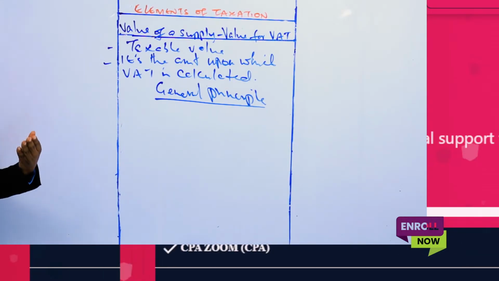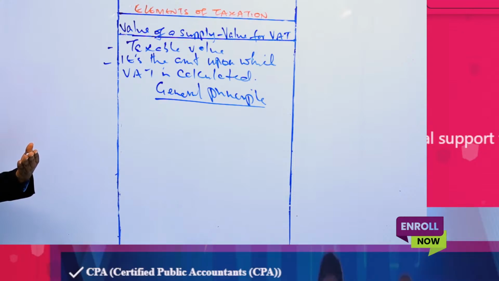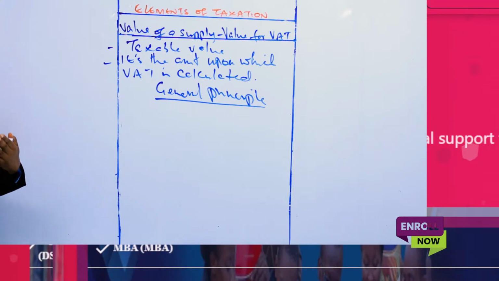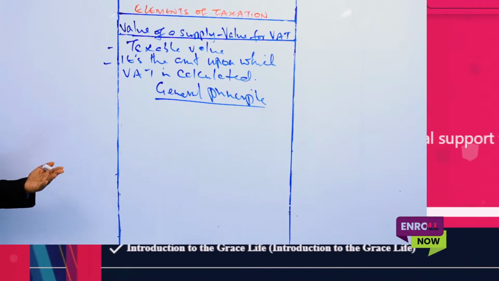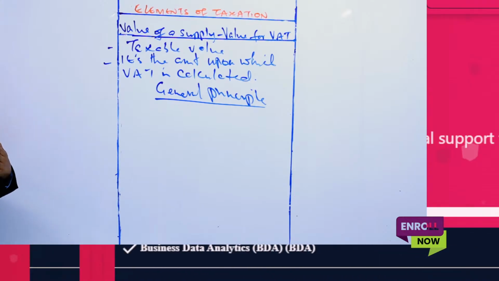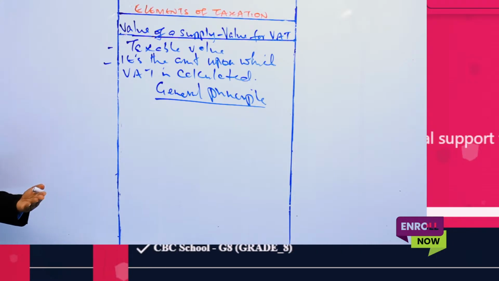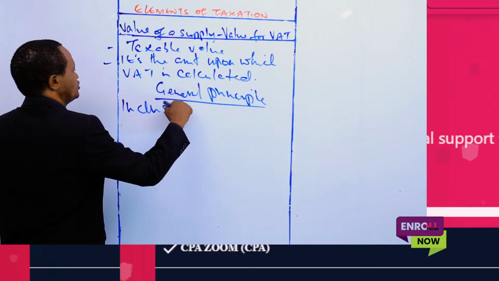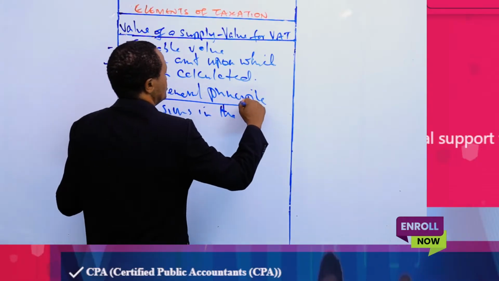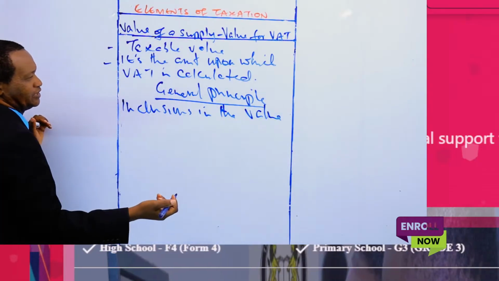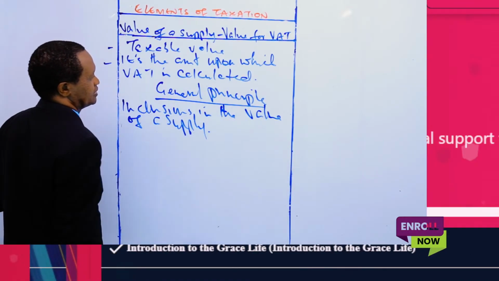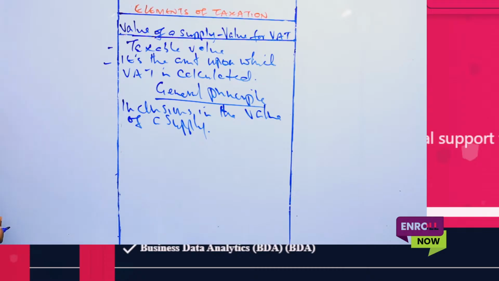Inclusions in the value of the supply would include levies, duties, and so on. So we want to look at some of the inclusions in the value of a supply. What does this value contain?